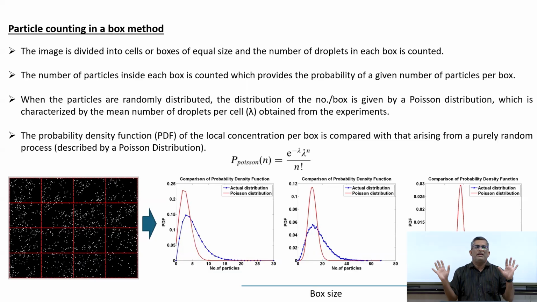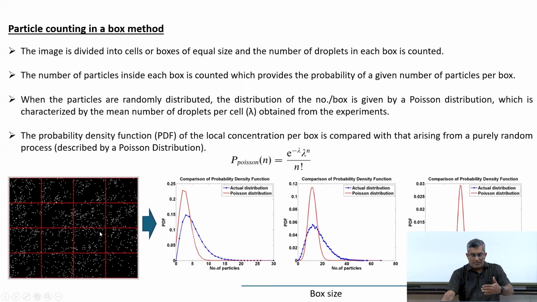Let us say you do not put inertial particles in your flow, you put some tracer particles, and if you do the same analysis, you will get that the experimental distribution will nearly overlap with the Poisson distribution. Okay. So, you see that this is the power of invoking these kinds of mathematical distributions.